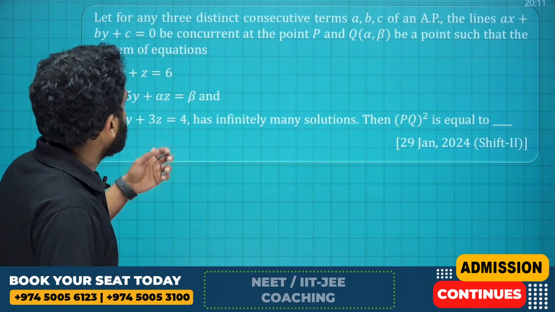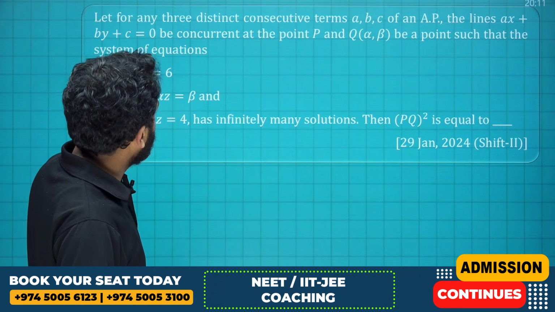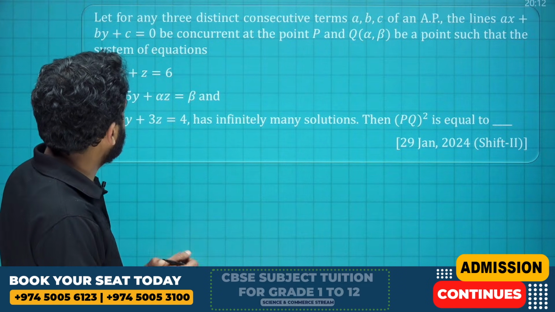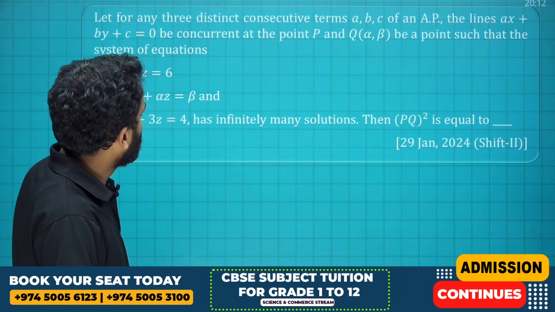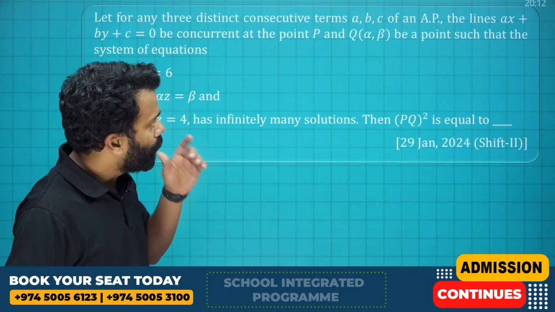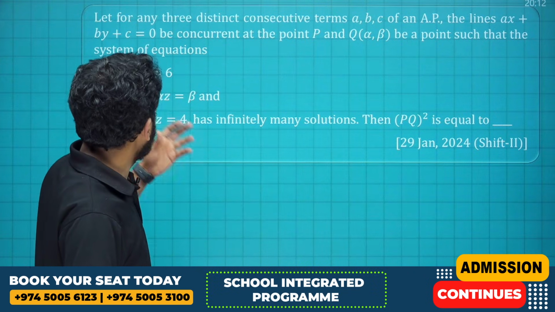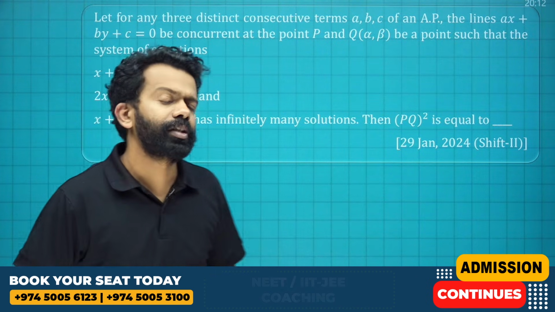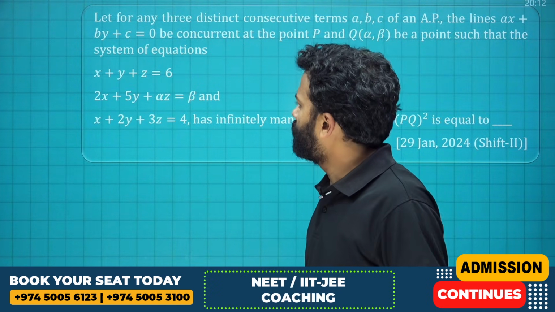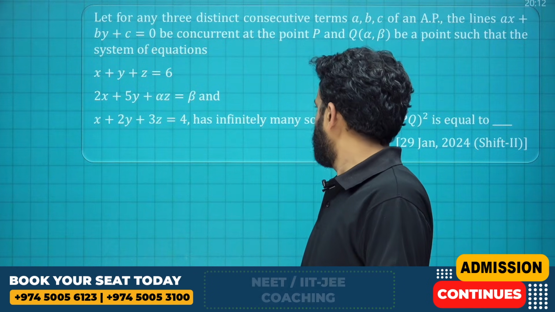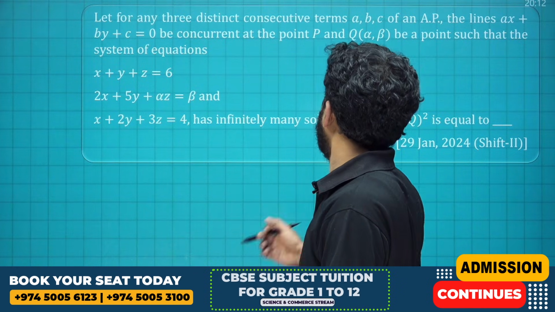In this question, they have mentioned that for any 3 distinct consecutive terms A, B, C of an AP, the lines Ax plus By plus C is equal to 0 are concurrent at the point P. And Q(alpha, beta) is a point such that the system of equations x plus y plus z is equal to 6, 2x plus 5y plus alpha z is equal to beta, x plus 2y plus 3z is equal to 4 has infinitely many solutions. Then you need to find the value of PQ square.